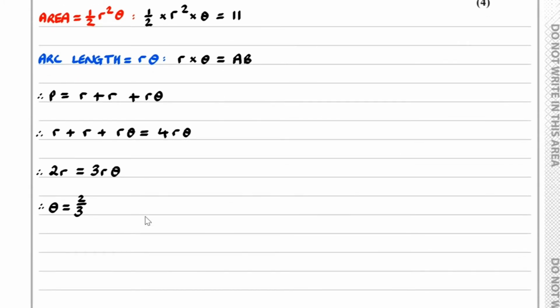And now we can find out what r is by substituting into the area. And so we have 1/2 times r squared times theta, which is 2/3. This is equal to 11.